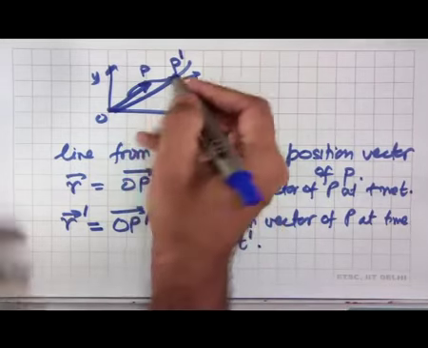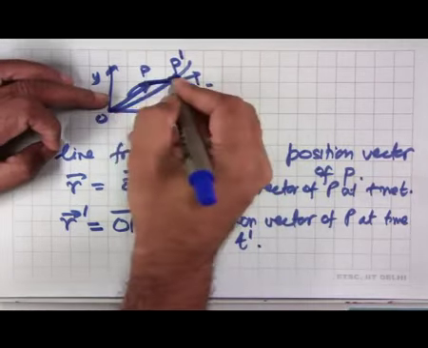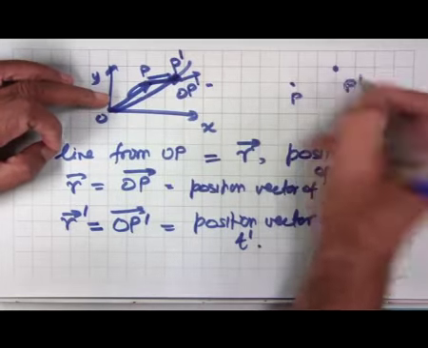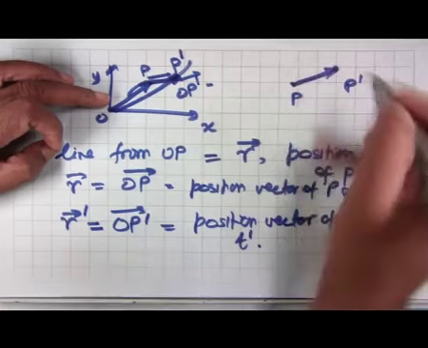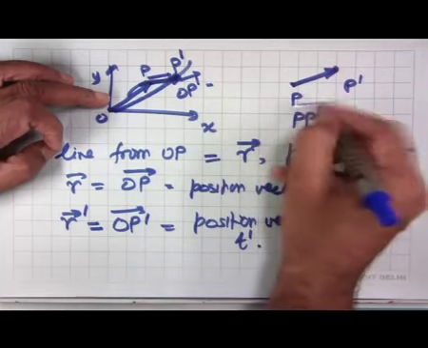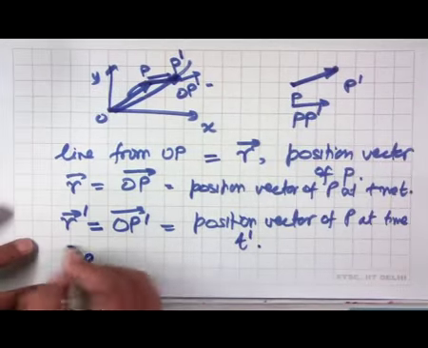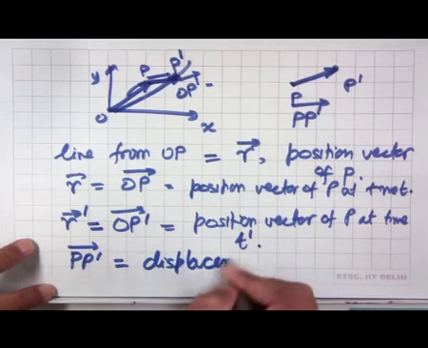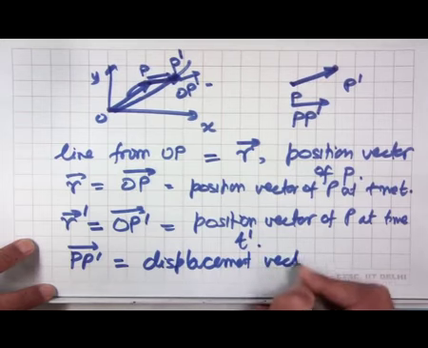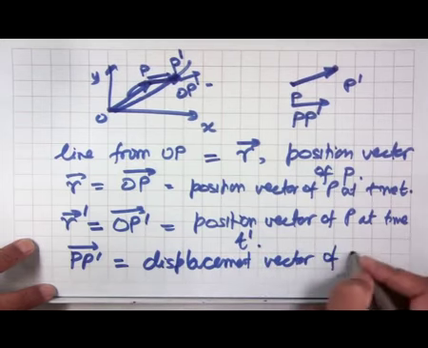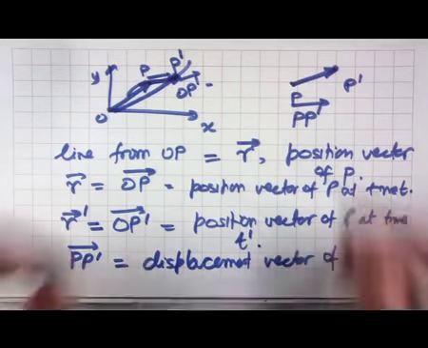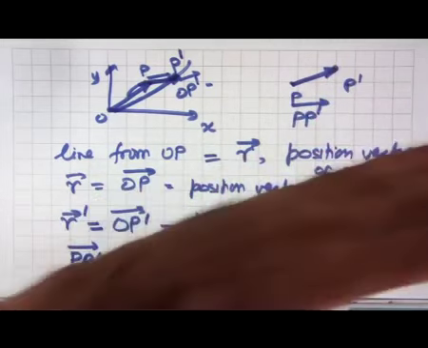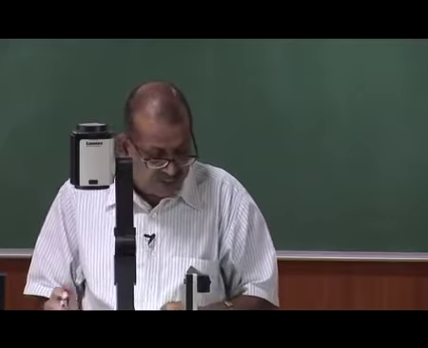And actually, if I join P to P prime by a straight line, this is what we will call the displacement vector for P. So, this straight line from P to P prime, which has a particular direction going from P to P prime, is the displacement vector.